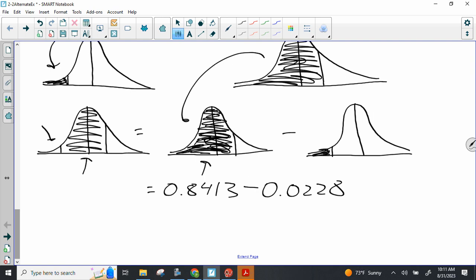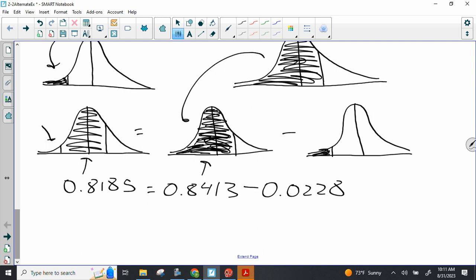I get an area of 0.8185. So that's how you do it with the table. Let's do it with the calculator. Yeah, 81.85%. That's right. The question did ask for an answer in percentages.